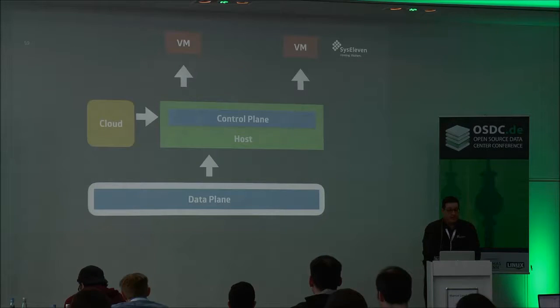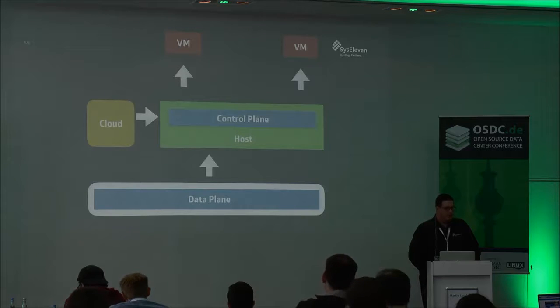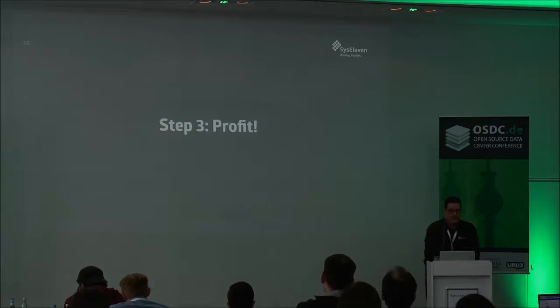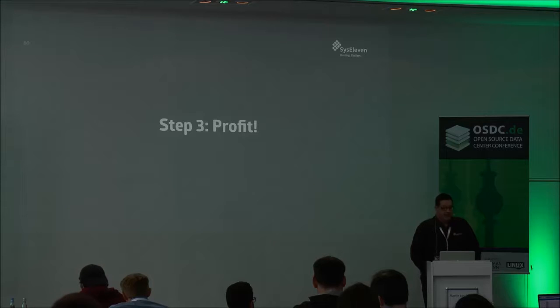So in fact, you need to use OpenStack or CloudStack or VMware or whatever your solution for virtualization is, and you need to make that component configure the control plane on your individual hosts. And that's the way to go. If you manage to do that, you can offer your customers a completely virtualized network environment, and they will be able to perform any configuration they consider necessary inside the setup.